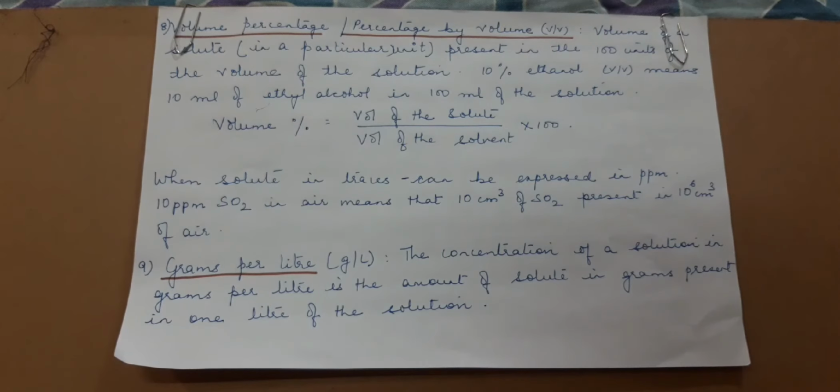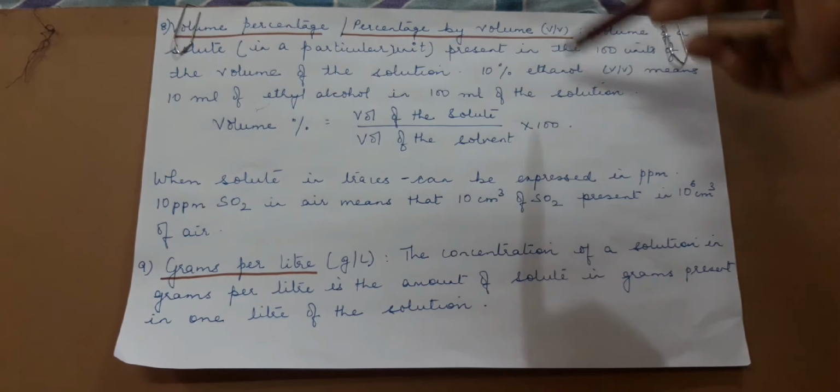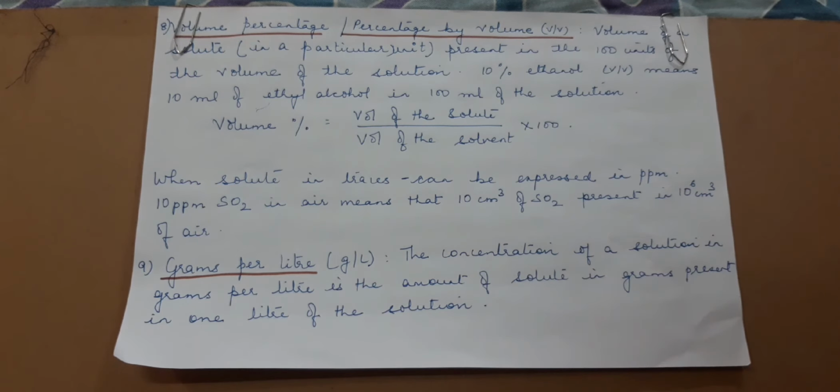Then we have volume percentage. There we spoke about mass, in terms of weight. Now we are going to talk about volume percentage, or percentage by volume. That means V by V. That means solute also is in terms of volume and solution is also in terms of volume. So what is volume percentage?